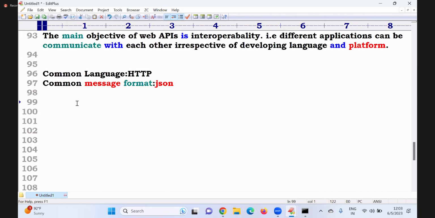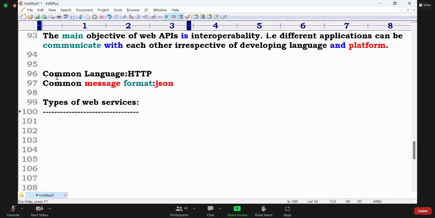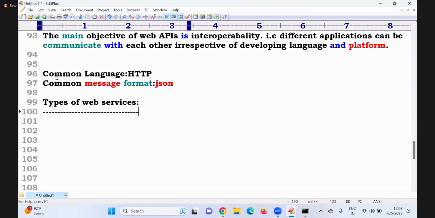Next terminology. How many types of web services are there? Anyone having an idea? Tell one or two.